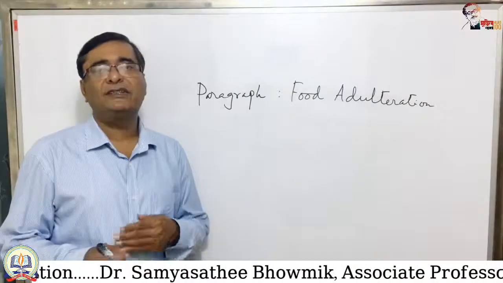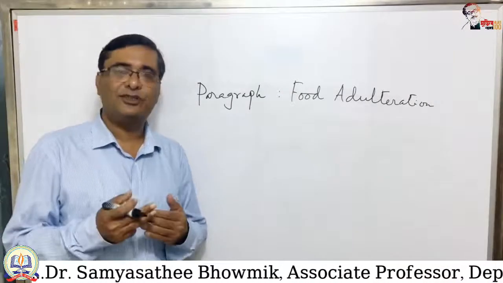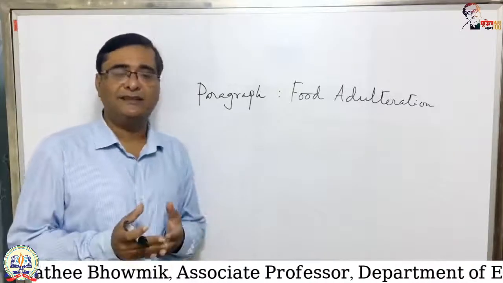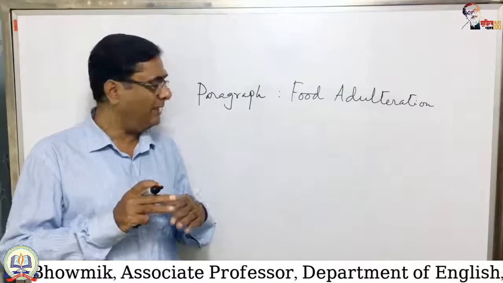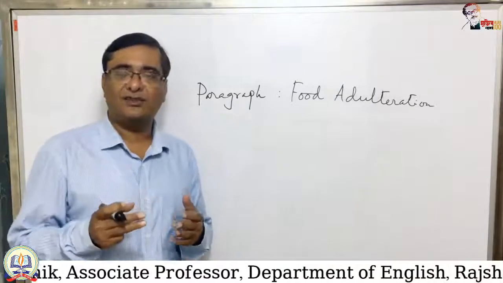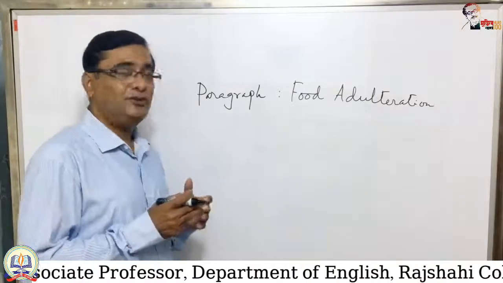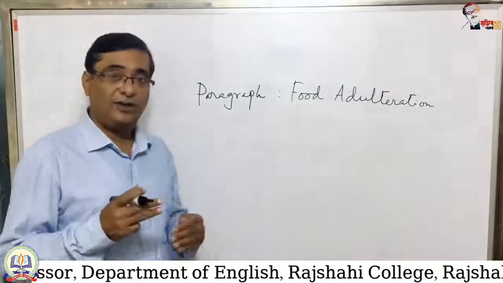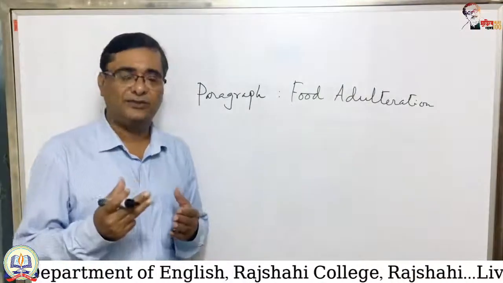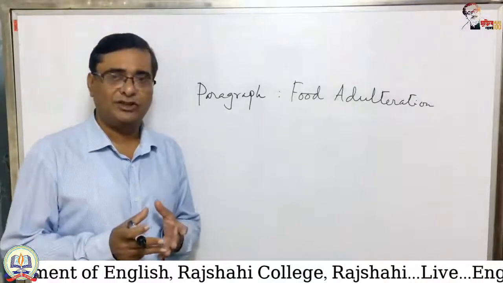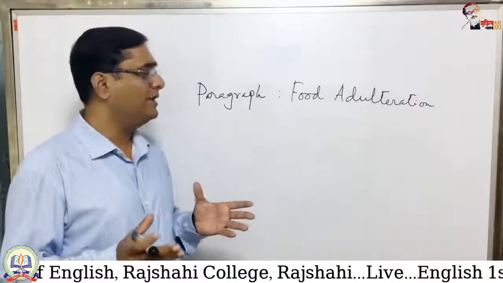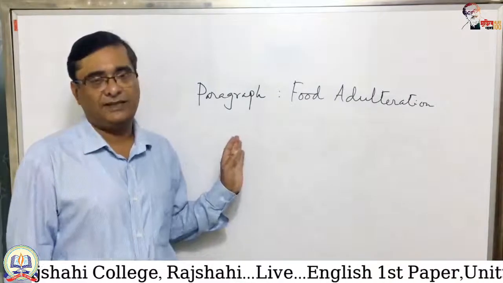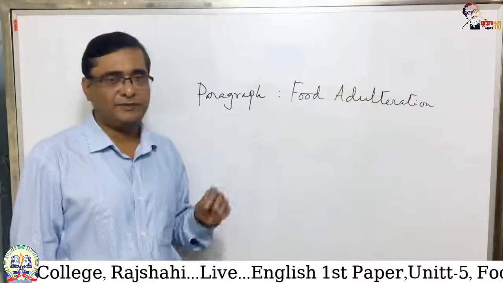You will be given some questions, and you have to answer the questions in such a way that you can form a paragraph by answering them. So again, I repeat, you will be asked to write a paragraph within 200 words, and by means of answering the questions, you can form a paragraph. These are the basic rules of writing a paragraph in first paper English.